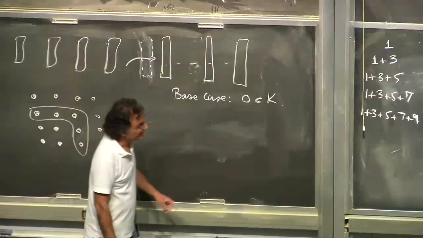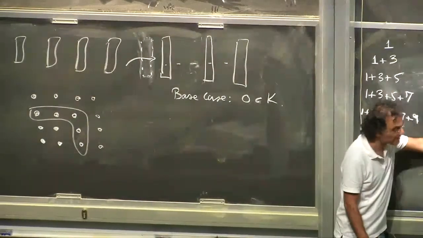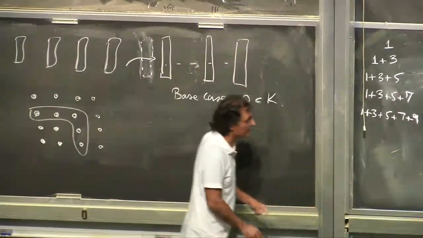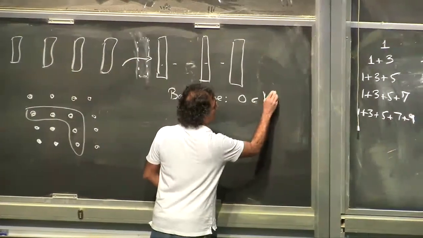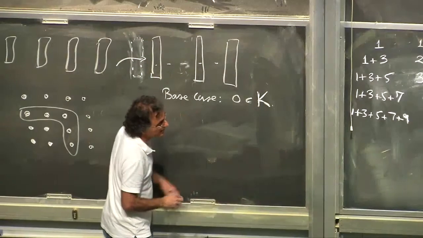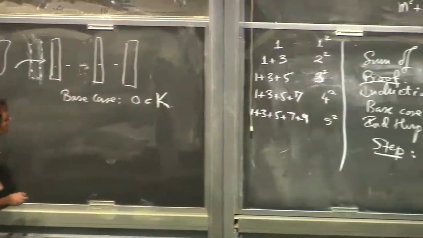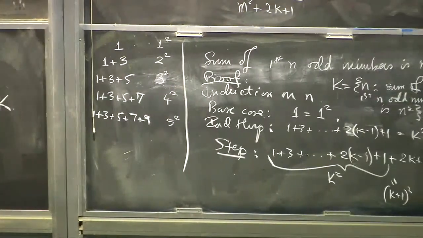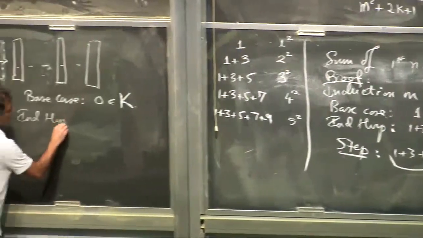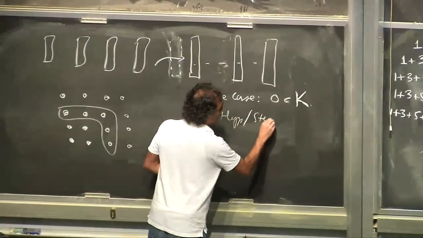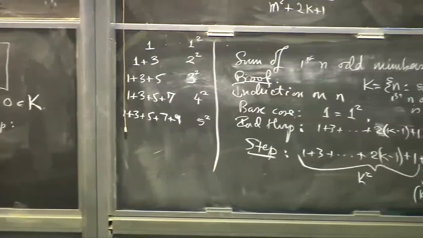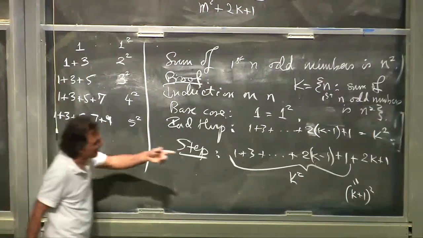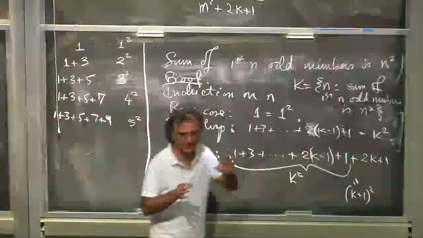Right? Induction hypothesis, induction step. What is that saying? This is capital K. That's little k there. So induction hypothesis and step. What is it saying? Let me do the induction hypothesis with n instead of k, because I don't want confusion here.